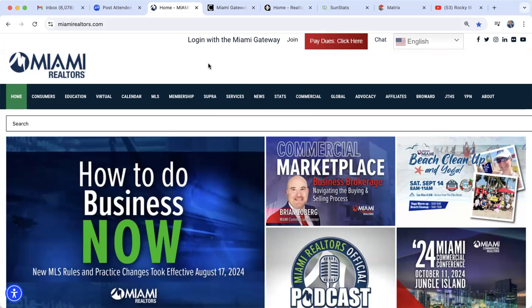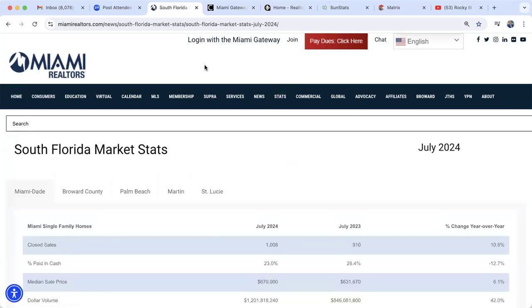All right, so if you're looking for quick stats for, say, Miami-Dade County or Broward or Palm Beach County, or if you just want to see them real quick, you can always go to MiamiRealtors.com and you can click on stats. Now, of course, for more individualized stats, like by neighborhoods or even by subdivisions, you're going to go inside of the MLS and run your own statistical reports.